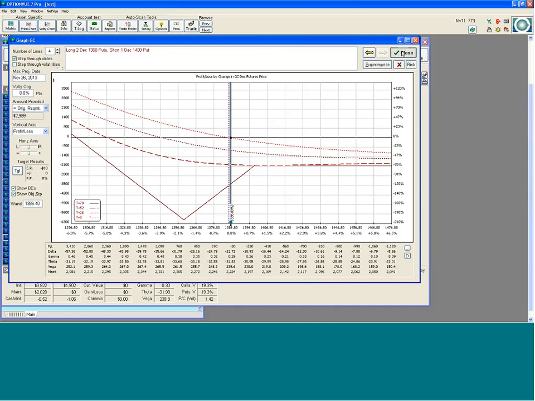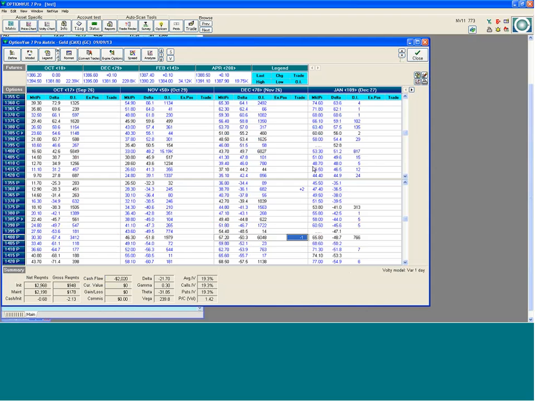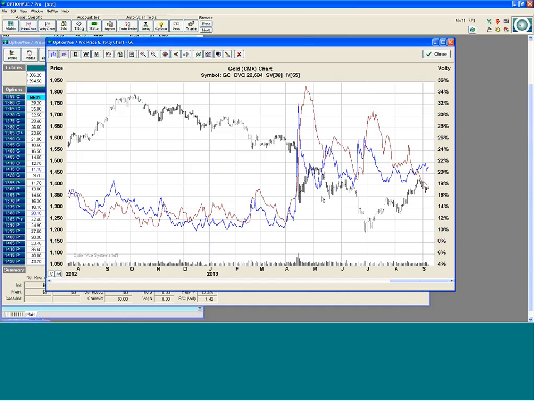So let's take a look, for example, at the trade that I would suggest if you were bearish on gold going forward and you wanted to benefit from a rise in implied volatility. Now, why do I say that?